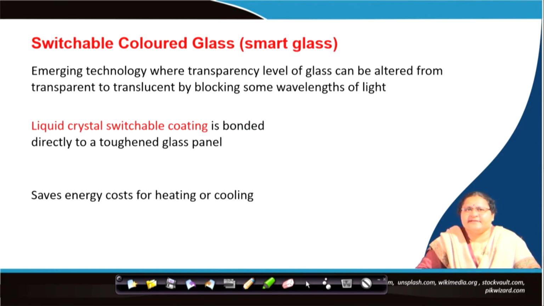This saves energy costs for heating or cooling, whichever is the requirement, and you can actually change the amount of sun rays to be filtered inside the space. I keep aside the hydrophilic and hydrophobic glass which I had listed in the types of glass in my first lecture, and that I will expose to you a little later.